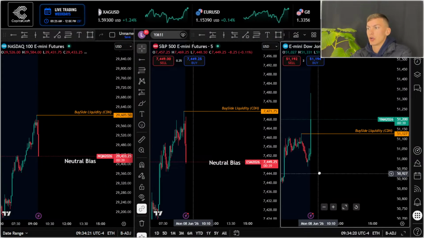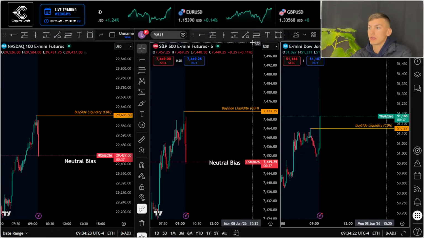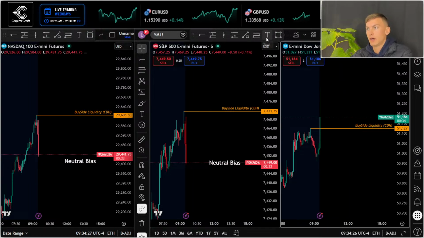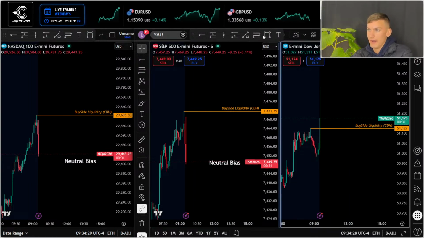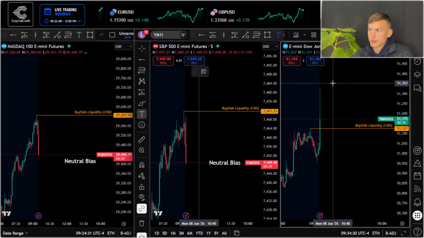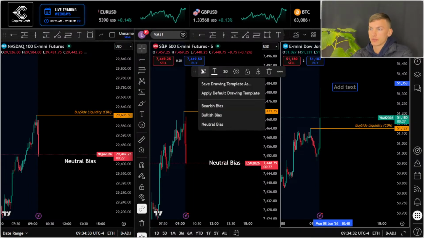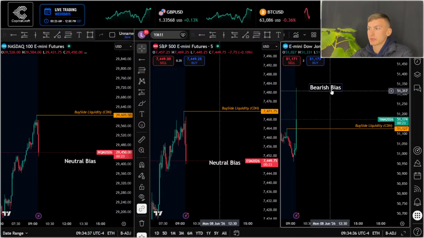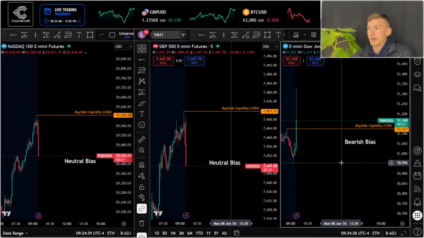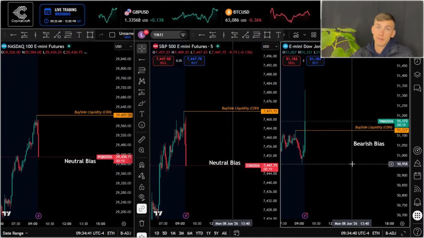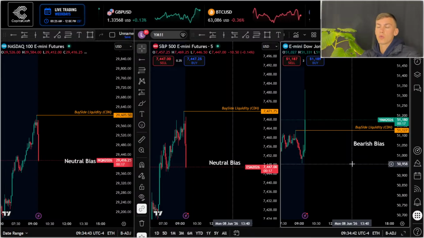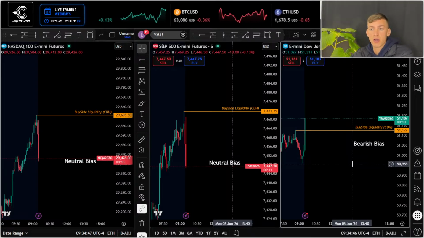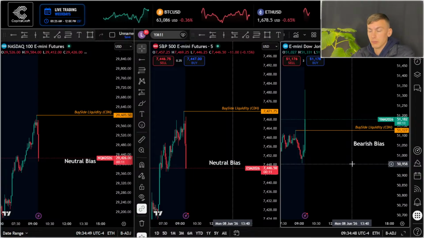Then on the Dow Jones, we have made the new current day high, which means that I am, drumroll please, bearish for this specific asset. And the reason I am bearish for this specific asset is because we have made a new day high, essentially. I do not want to buy anywhere past that specific level. It's the perfect reason for the market to essentially fade that move.